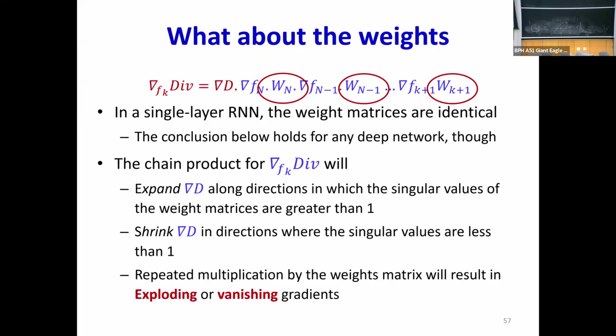And so if I repeatedly multiply a vector by a matrix, right, what happens? The components that are aligned to the singular values greater than 1, they're going to explode. And the components that are aligned in different directions, they're going to vanish. But then here's the strange thing, right? These are singular values.